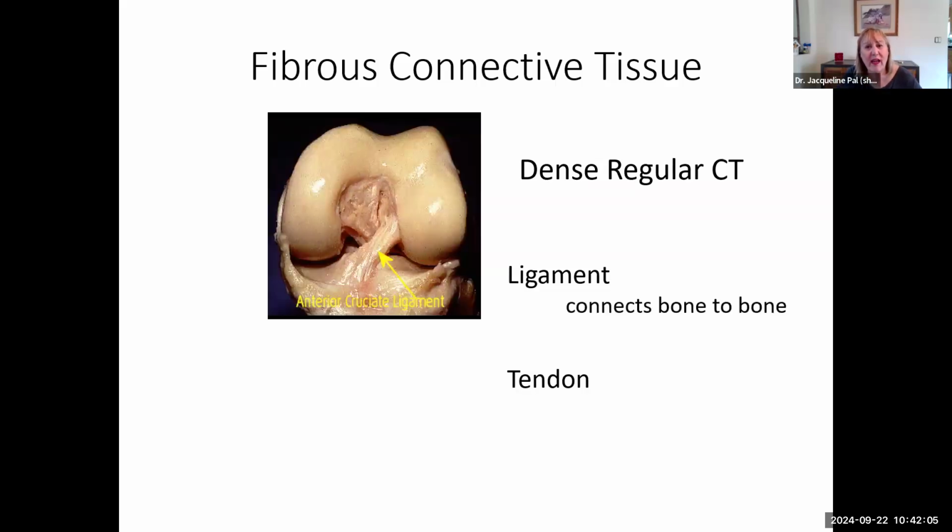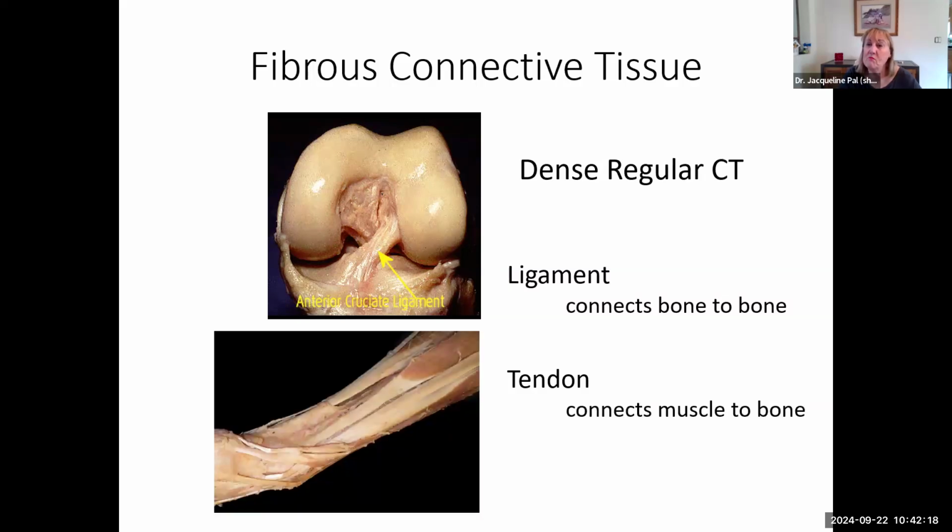To refresh your memory, a ligament is what is going to connect bone to bone, such as your anterior cruciate ligament, your medial collateral ligament, and tendons are what connect muscles to your bone.